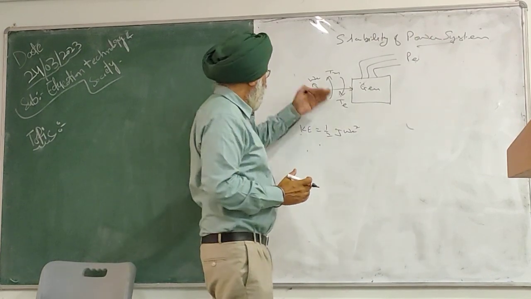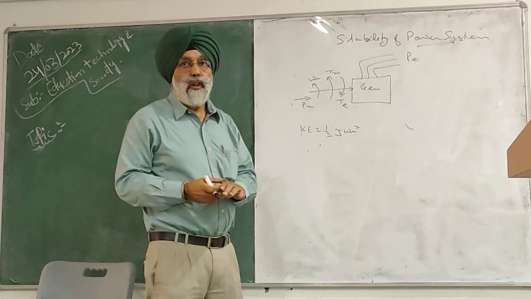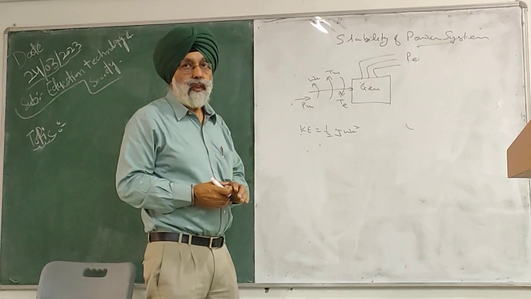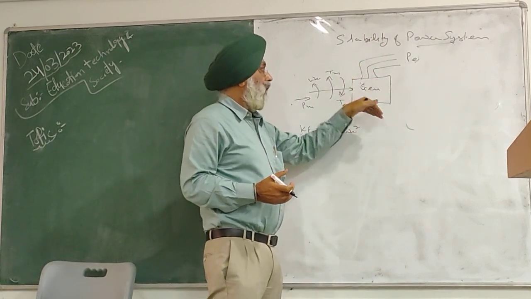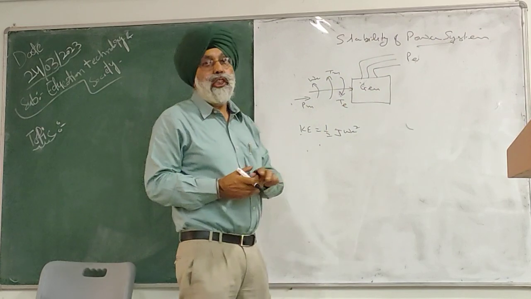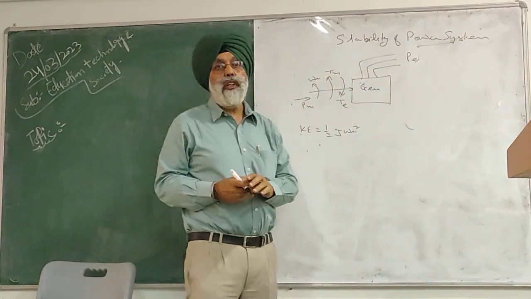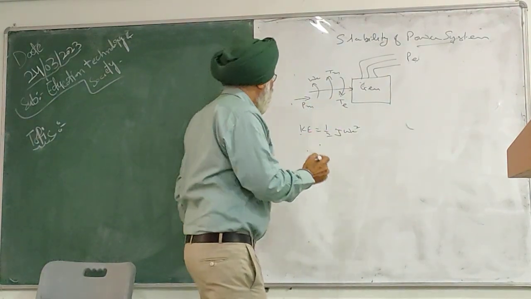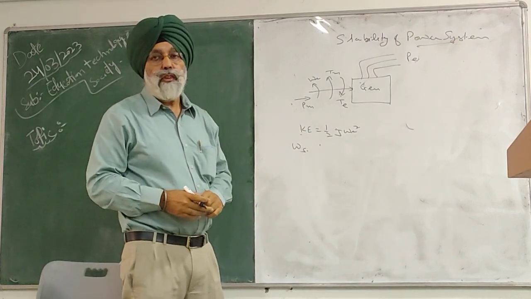The rotor is rotating at some angular velocity omega r, and a revolving magnetic field is also produced inside the machine, and that revolving field is rotating at the synchronous angular velocity known as omega s.